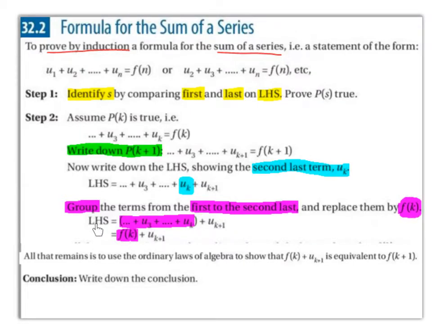So the left-hand side is equal to bracket ... plus u3 plus ... plus uk bracket plus uk plus 1. So we would swap this for f of k. So it would be f of k plus uk plus 1. All that remains is to use ordinary laws of algebra to show that f of k plus uk plus 1 is equivalent to f of k plus 1. Conclusion, write down the conclusion.